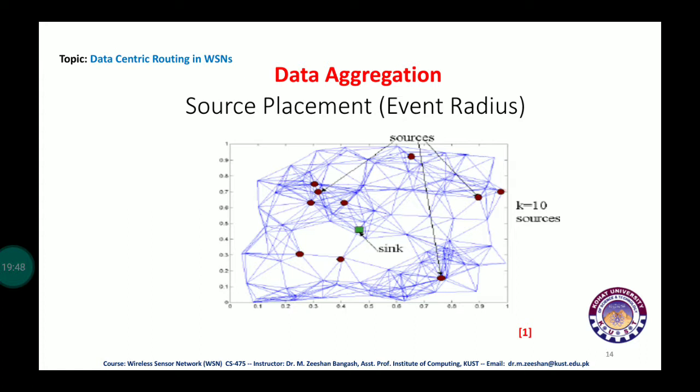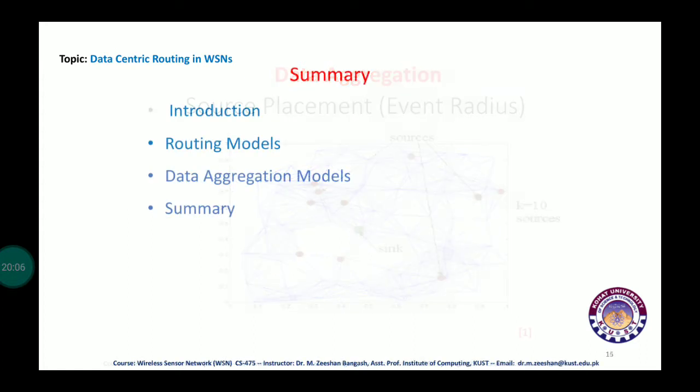You can look at the radius from the source shown, where k is equal to 10 sources in the simulation. So you can consider this event radius mechanism in terms of source placement.